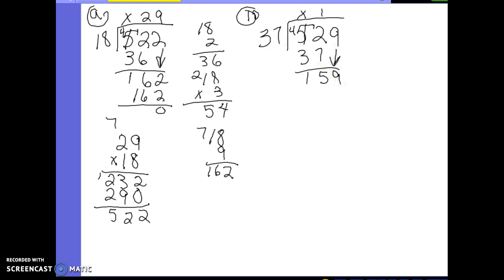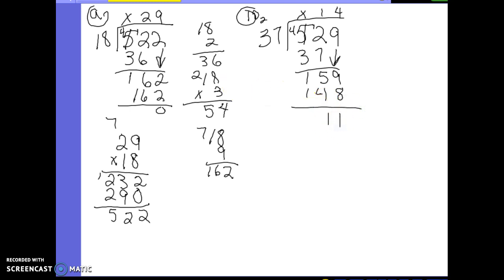How many 37s in 159? What if I round 37 to 40? I would get 160, right? But since that's bigger, we can probably still try that, right? So what am I trying? 4. 4 times 7 is 28. 4 times 3 is 12, plus 2 more is 14. That leaves me with 11.